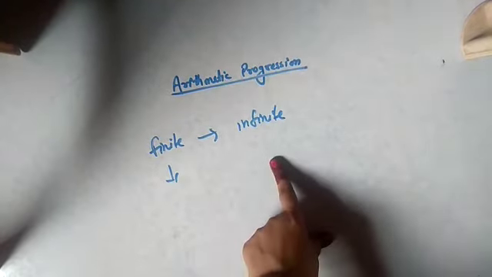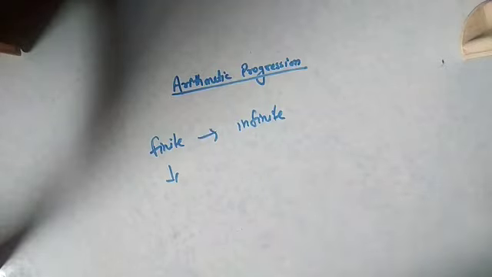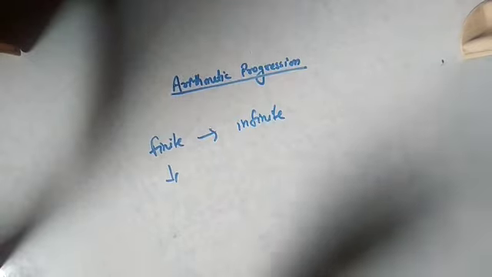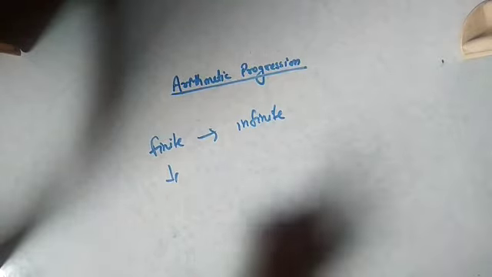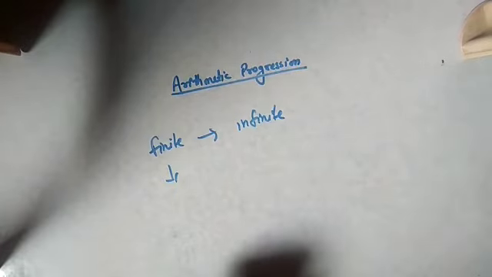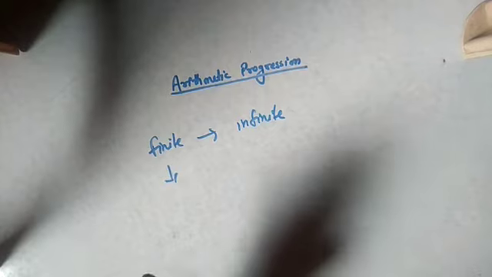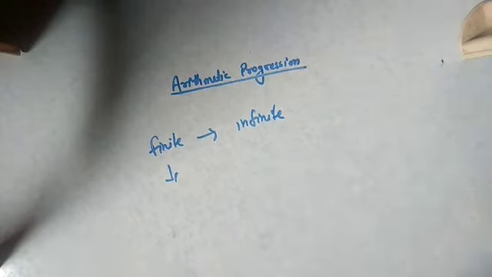But if in a sequence the number of the terms are not fixed, means they can go till infinity, we can count and count and count, you are not able to find the last value of the sequence, then that sequence is said to be infinite.